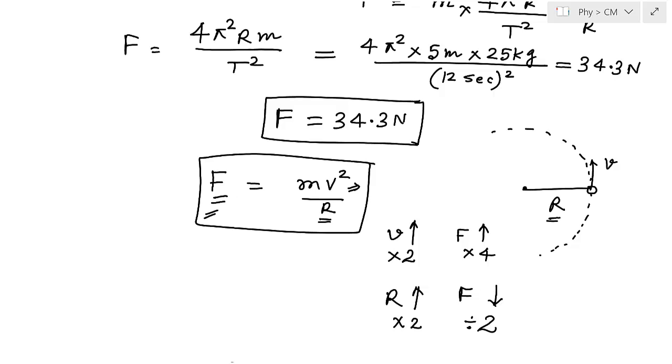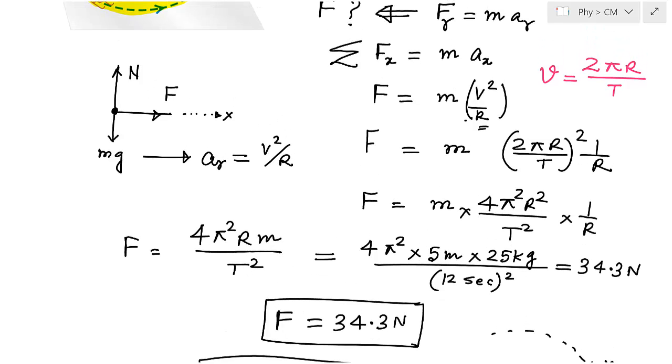So in this video, we have seen a small, elementary example that illustrates how you can calculate the force if an object is moving in circular motion. Now you see, in this case we have not used the vertical direction equation, that is, vertical direction equilibrium has not been used.